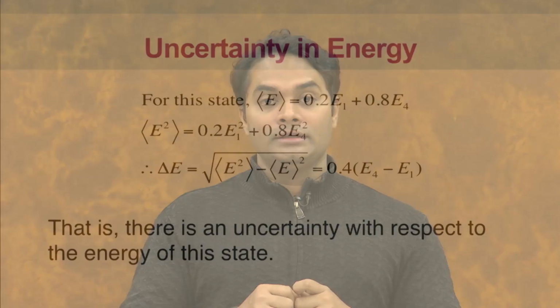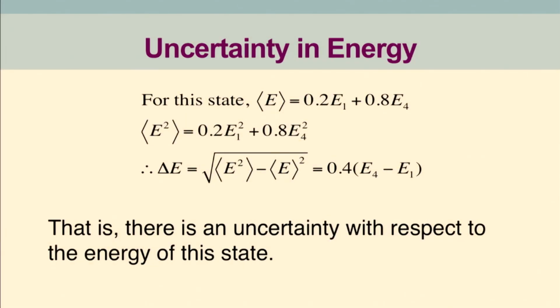Now we can calculate the uncertainty in the energy here, which means I can calculate the expectation value of energy E, which, as I said in the previous two slides, is 0.2 E1 plus 0.8 E4. One can also calculate the expectation value of E squared, which is 0.2 E1 squared plus 0.8 E4 square.